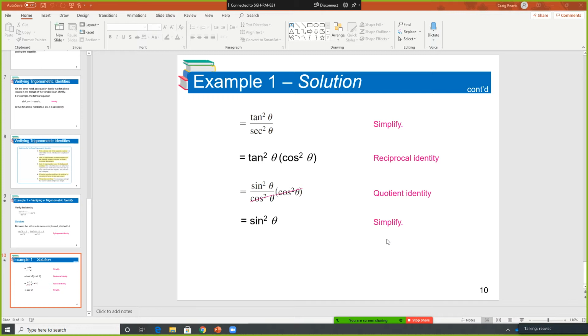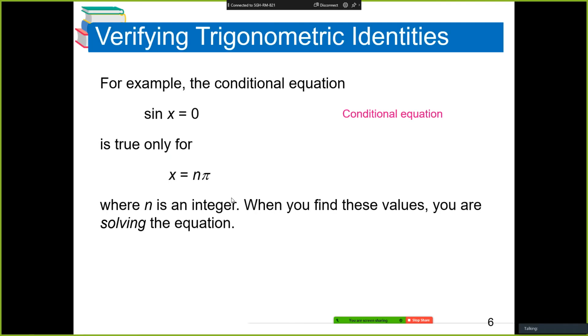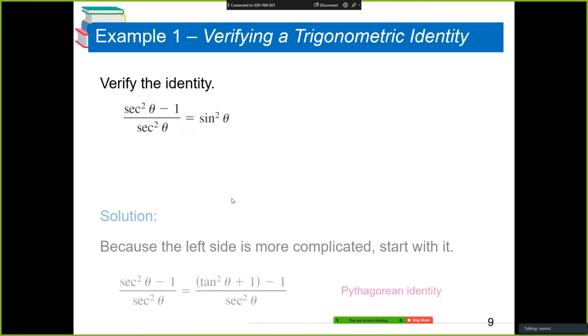Okay, let me see if I can write this down on top of this so you can see what's going on. I don't know if this will work. I may need to do the actual, see where we are.